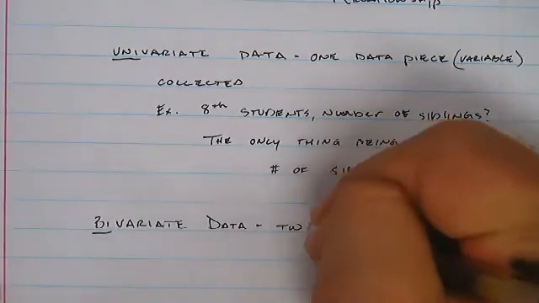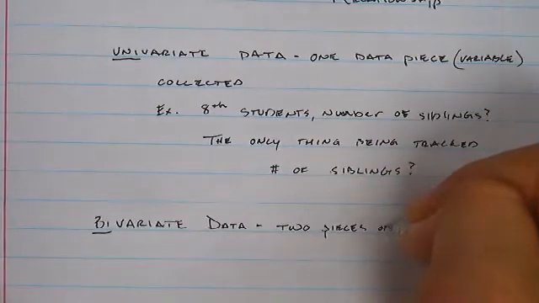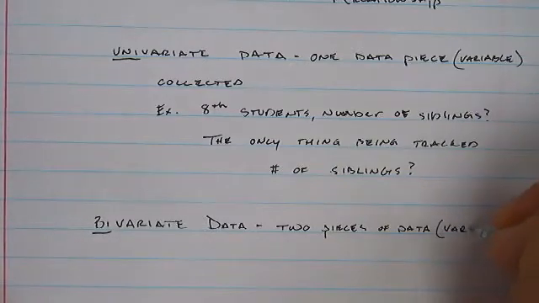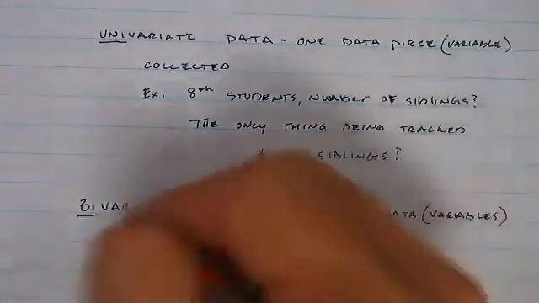We have two pieces of data, and again, these are our variables. Two pieces of data being tracked.